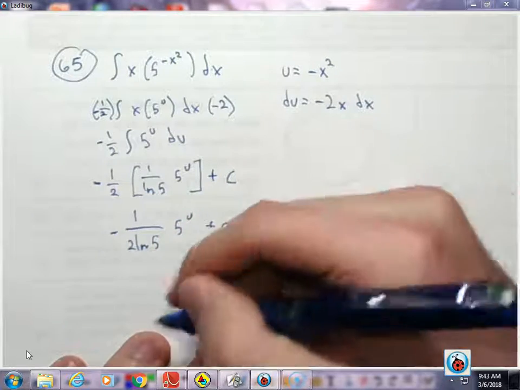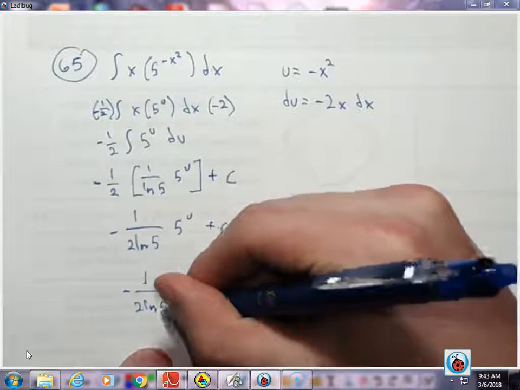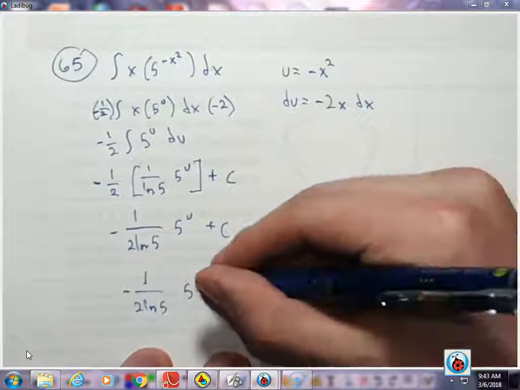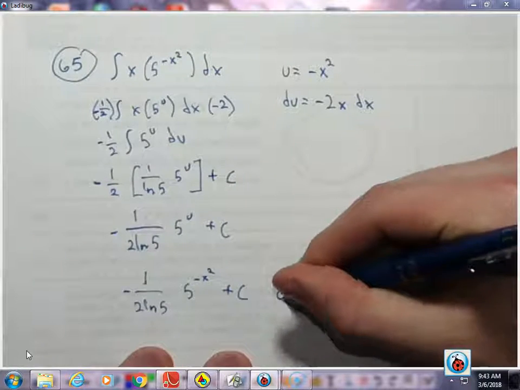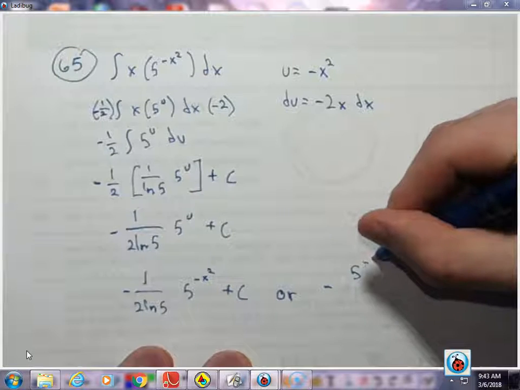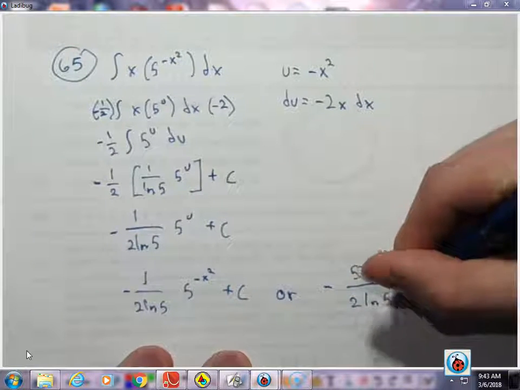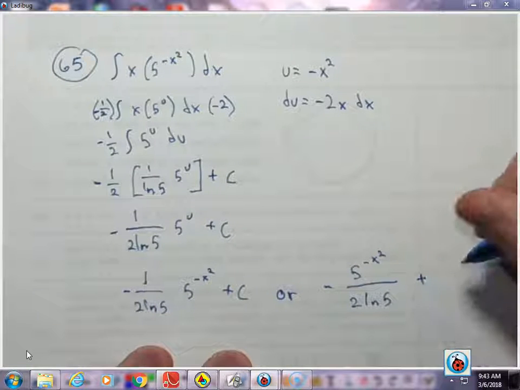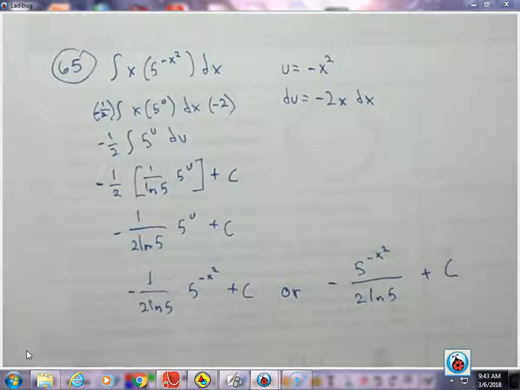So you're going to have negative 1 over 2 ln of 5 times 5 to the negative x squared plus c, which can also be written as negative 5 to the negative x squared over 2 ln of 5 plus c. And that is all for today.